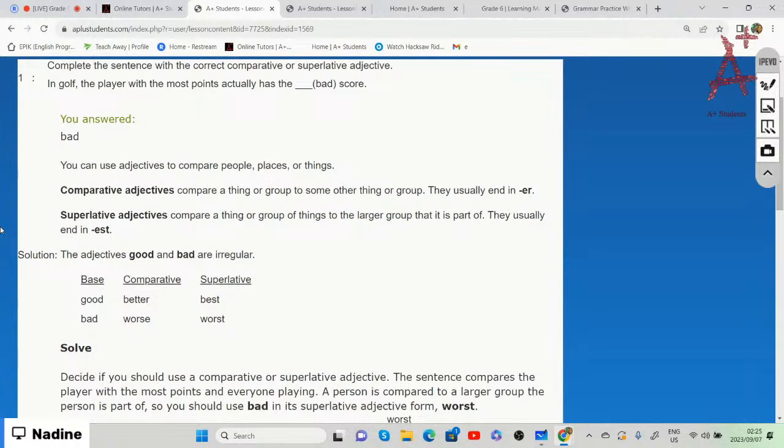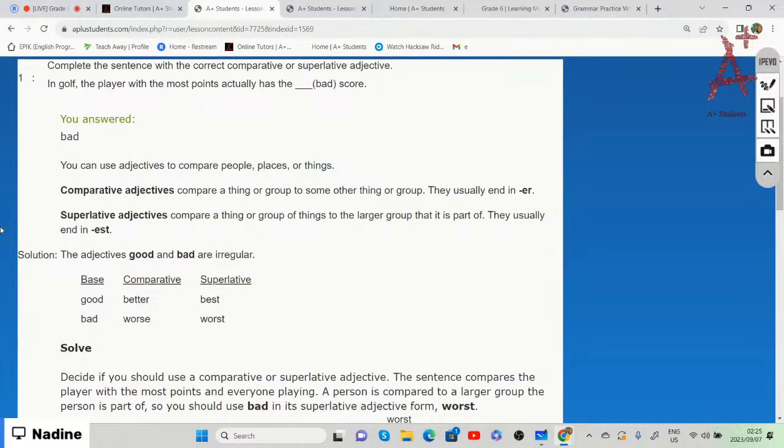So when it comes to adjectives, good and bad are irregular. We have our base, which is good. If we compare that adjective, we can say it is better. It's better. I am better.